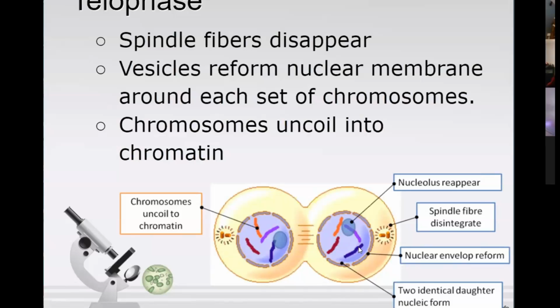So if a cell has 12 chromosomes to begin with, how many will each daughter cell have? Will they have half, or will they have a whole set? It starts with 12. Does each daughter cell end with 12, or does each daughter cell end with 6?